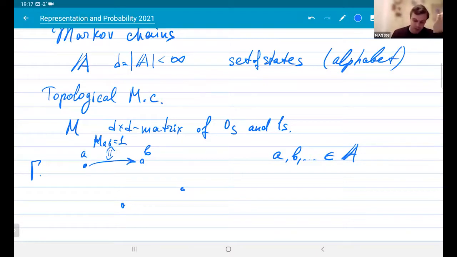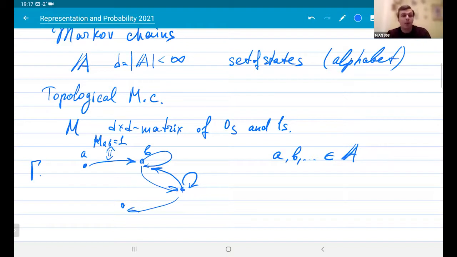So we have some directed graph here, something like this. And this is a topology.